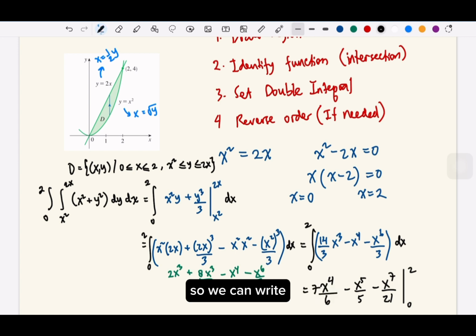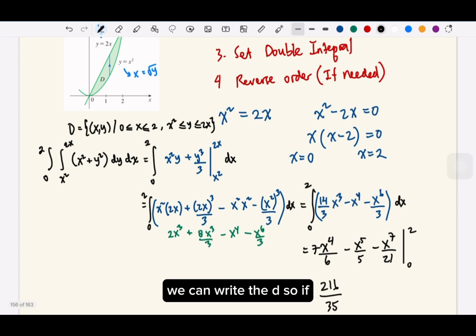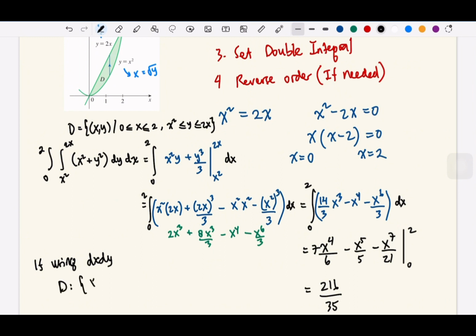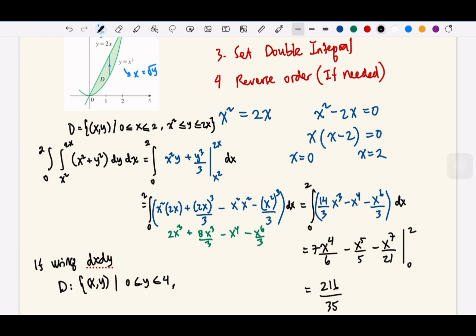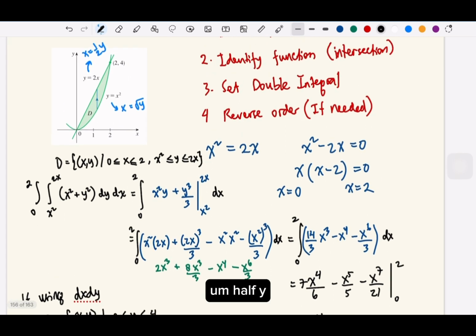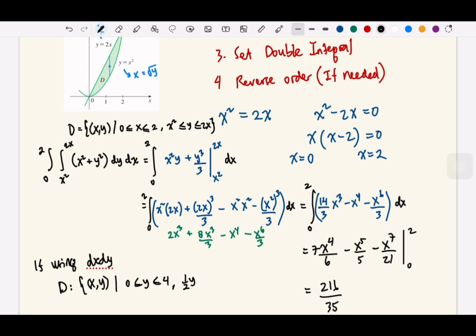Okay, so using dx dy, we can write y from 0 to 4, and x from half y to square root of y.